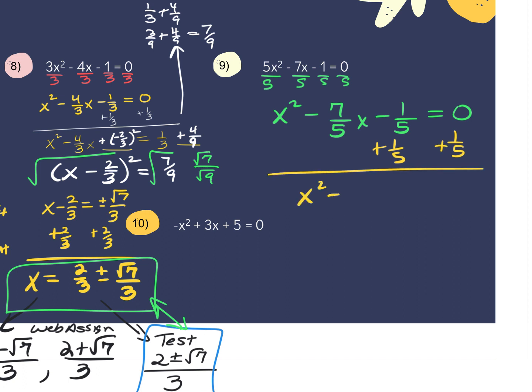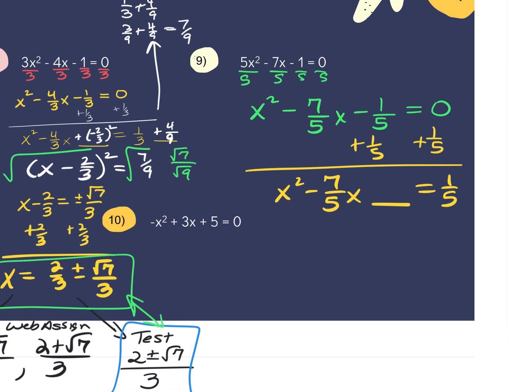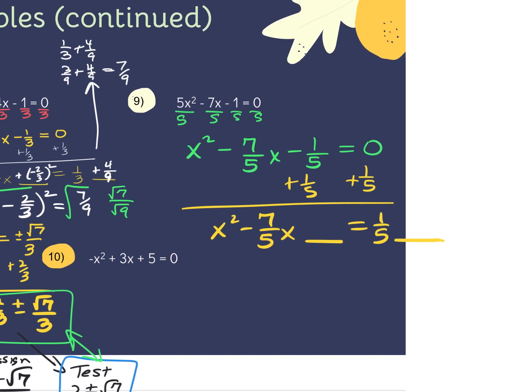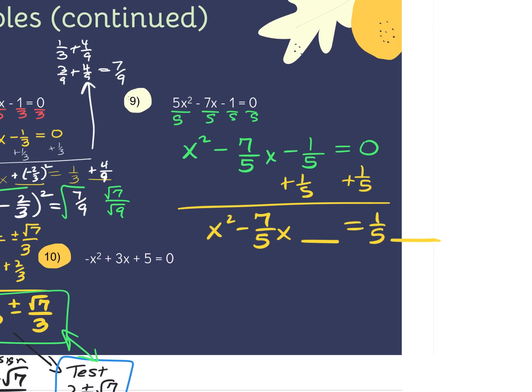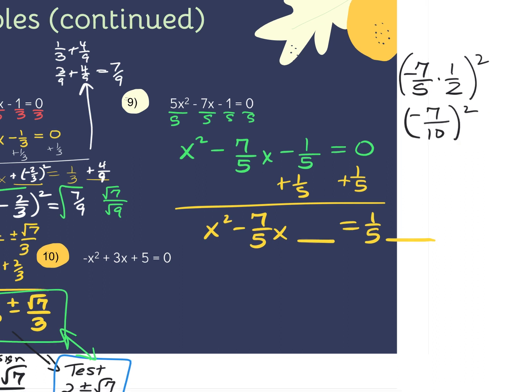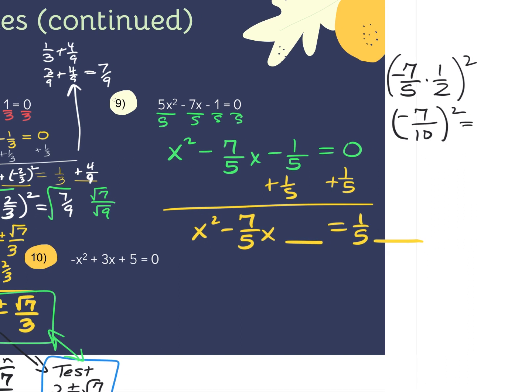X squared minus 7/5 x, blank space, 1/5, blank space. I now take the b term and divide it by 2. So negative 7/5 divided by 2 is multiplied by 1/2. And then I square that. This gives me negative 7 over 10, and then when I square that, I get 49 over 100.